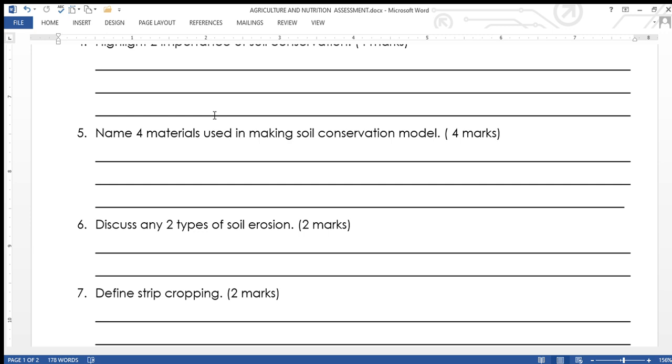And when you are writing these types of soil erosion, the spelling had some issues with some people. People could not write gully. They are writing it wrongly. Some could not write rill.